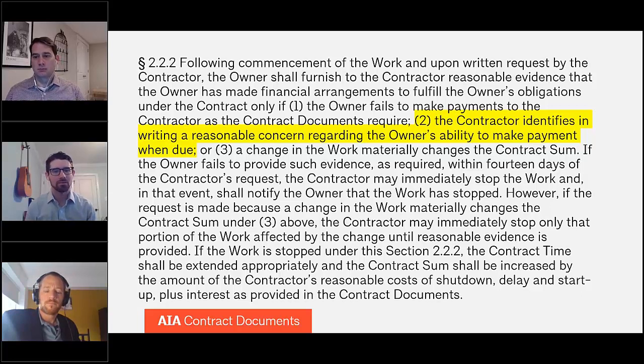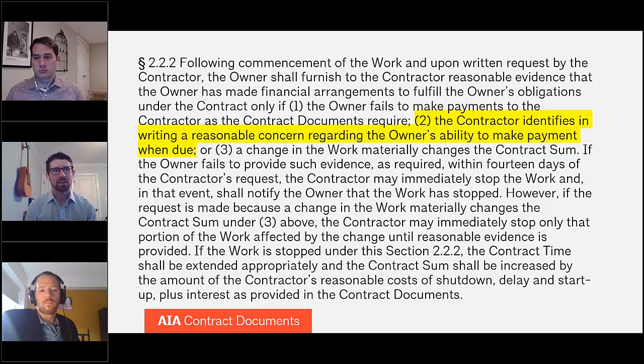In the middle of a global pandemic, when the economy looks like it's headed for a recession, I think you slide to the other end of the scale and say, probably. I don't think you can say with 100% certainty, because again, it's reasonableness. The contractor just has to have a reasonable concern.